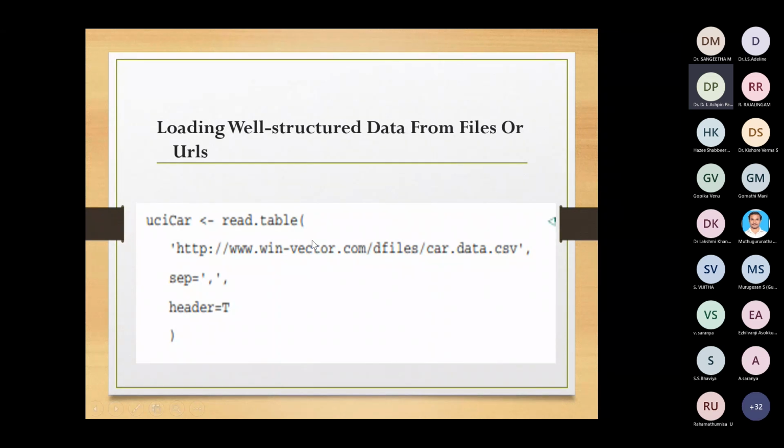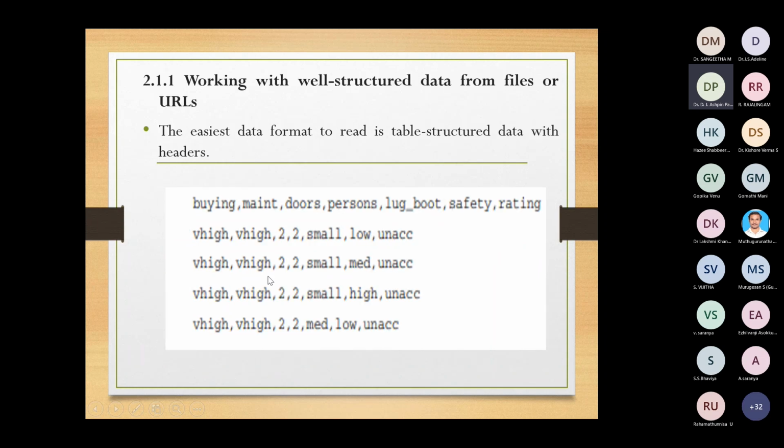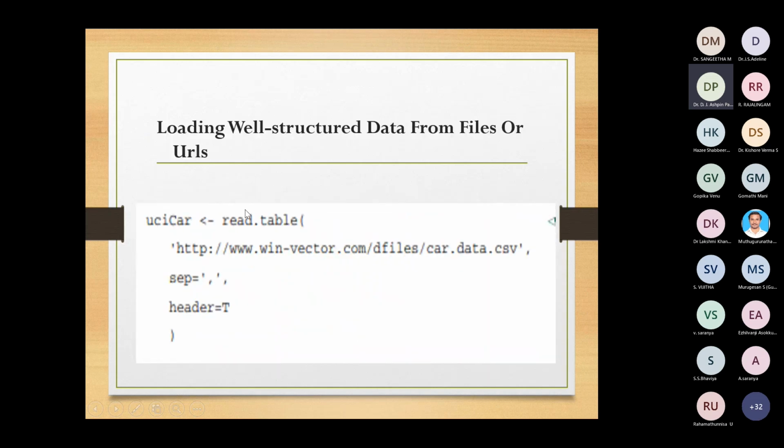It can accept many different types of data separators. In our example, our data is in CSV form, comma separated, whereas read.table also accepts tab separated, spaces, pipes, and others. It also has many options for controlling quoting and escaping data. It also reads from local files and remote URLs, as I told you.